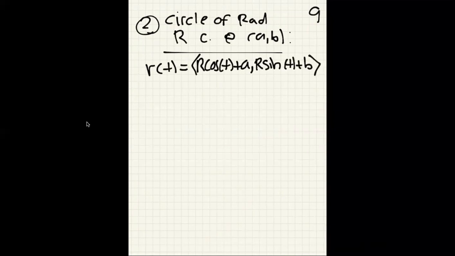And then your t could go between 0 and 2 pi. If you wanted to just do an arc of that, you could change the bounds accordingly, depending on what angles you want to include in your range. So that's a good one to keep in mind. And if you do it this way, this will traverse the circle counterclockwise.